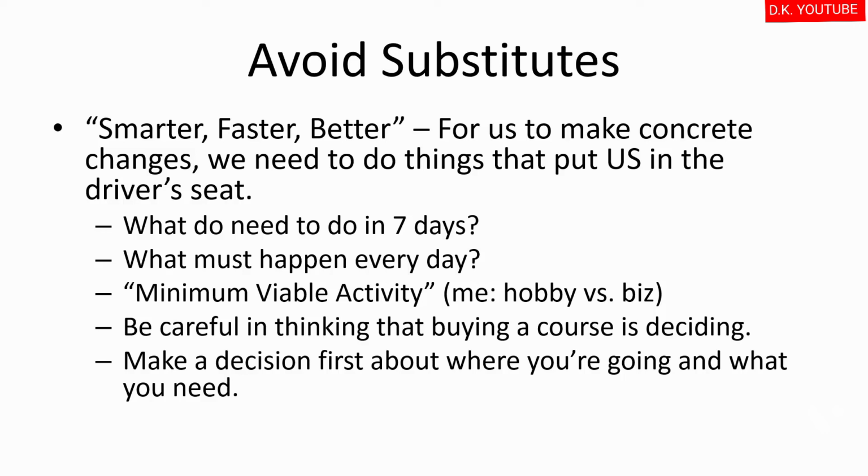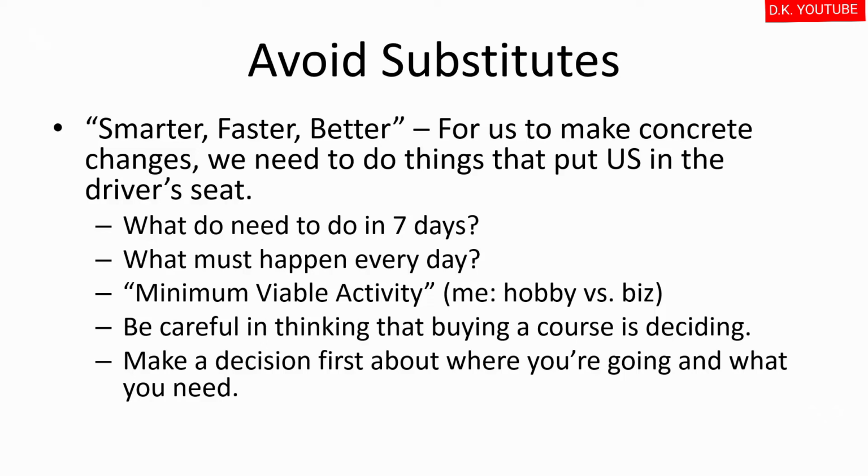We also talked about the book Smarter, Faster, Better, and making sure that we are not buying information instead of making a decision. And so we have to have in mind what it is that we're trying to accomplish, and to think about this in terms of every 7 days. Every 7 days, we should have an idea of what we're trying to accomplish, not only for that week, but what we're trying to accomplish in our business, and that would not be vague.